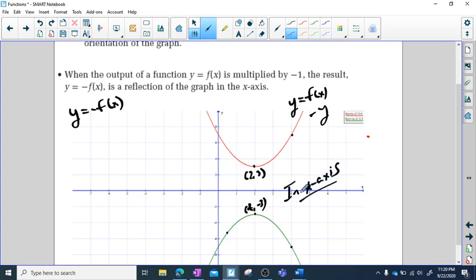So we say it's a reflection in the x-axis. If someone says, how do you reflect a graph across or in the x-axis? You multiply your function by a negative. All right, so y equals negative f of x, with the negative out in front of your function, is what we call a reflection in the x-axis.